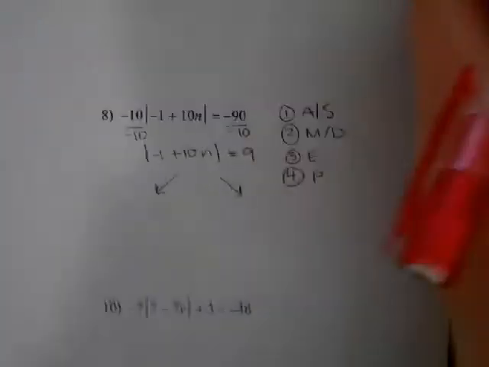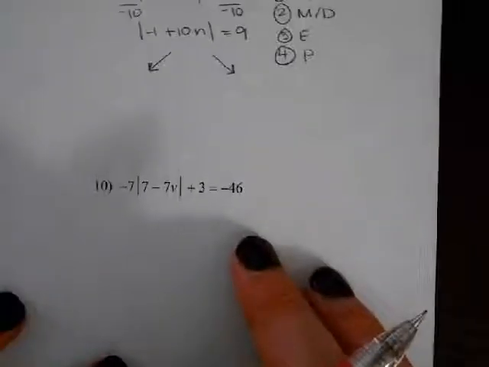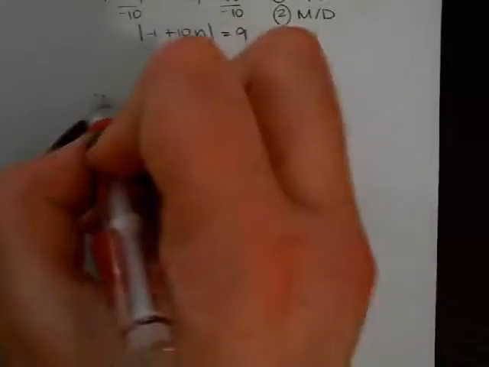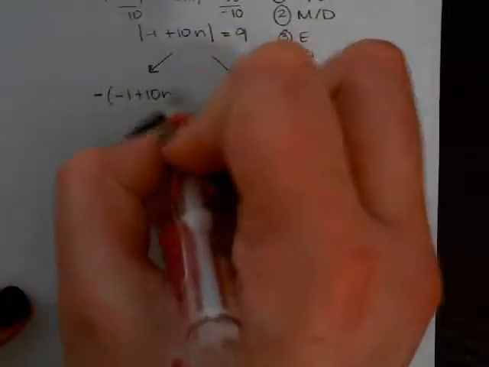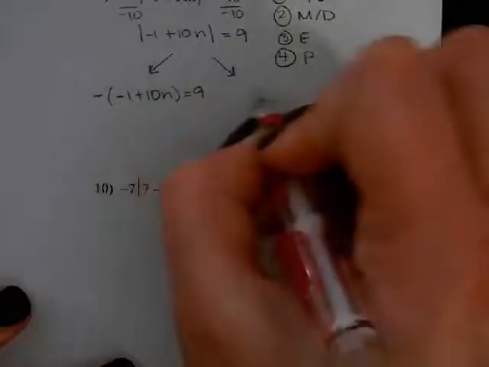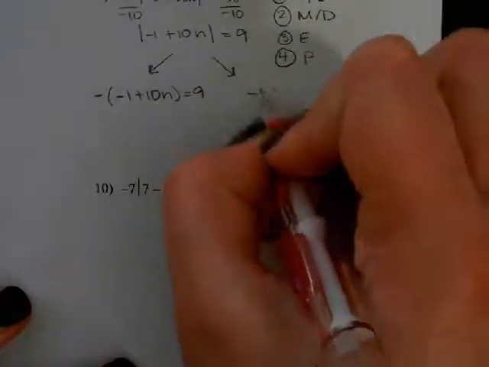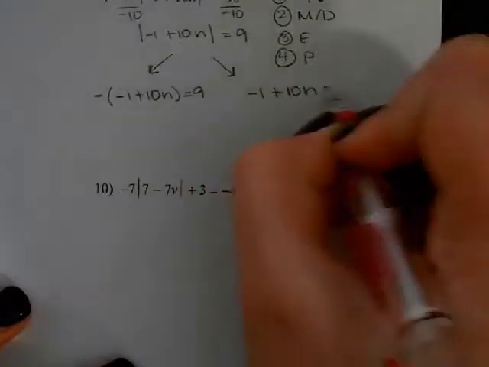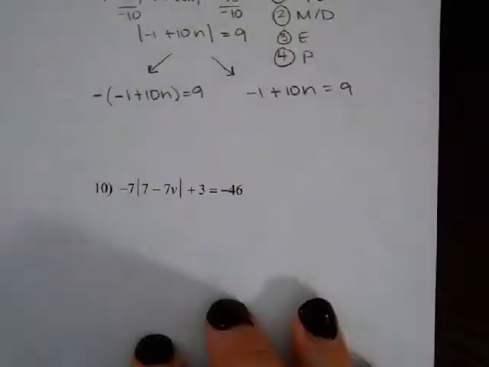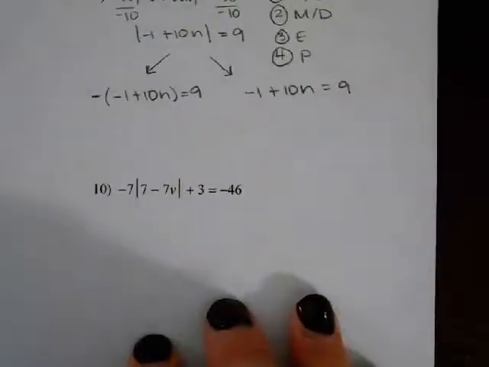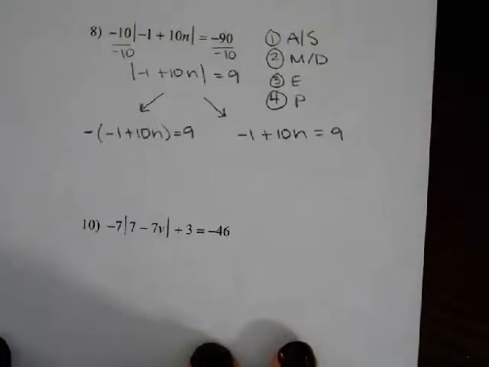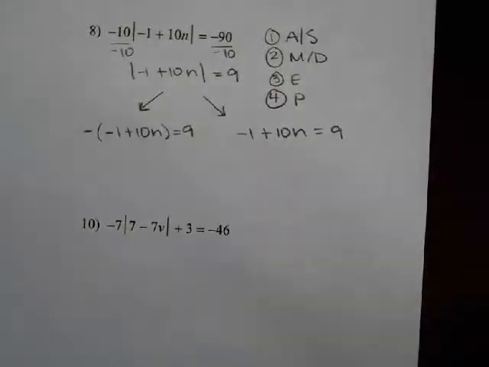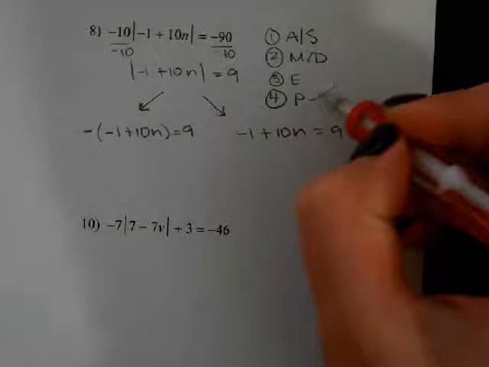I have the negative version. And then I have the positive version. Okay, and then at this point, I just go up and I start the process again.